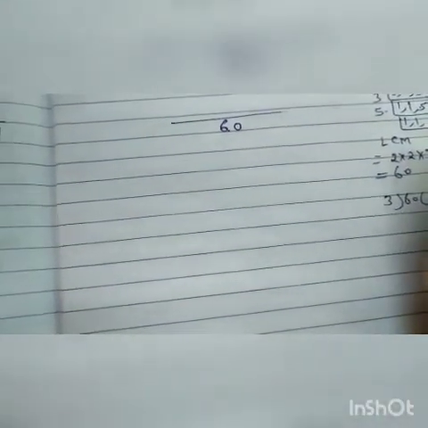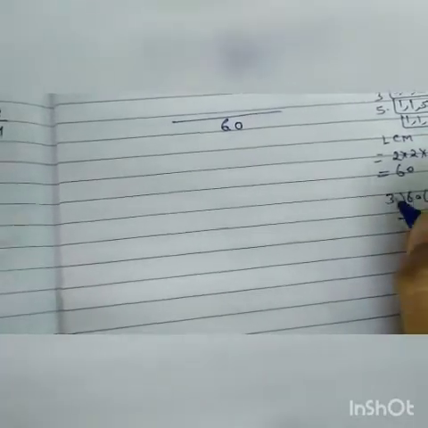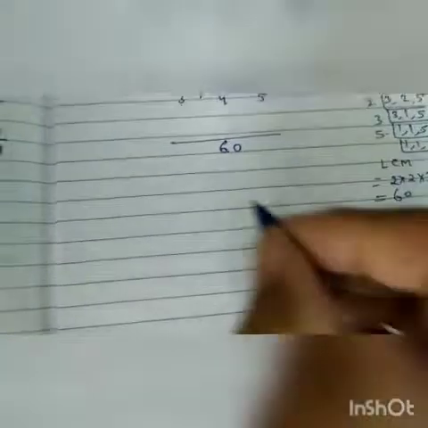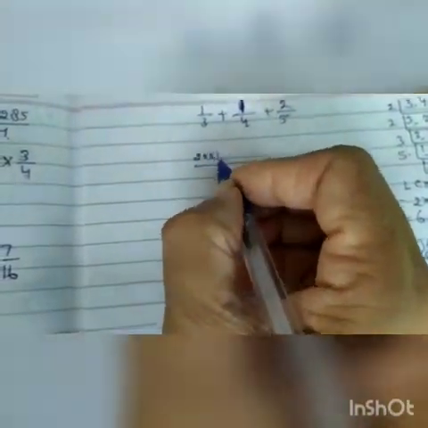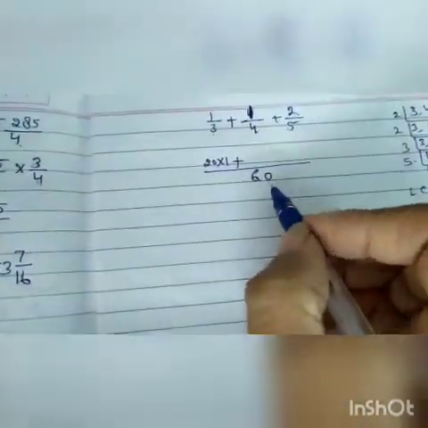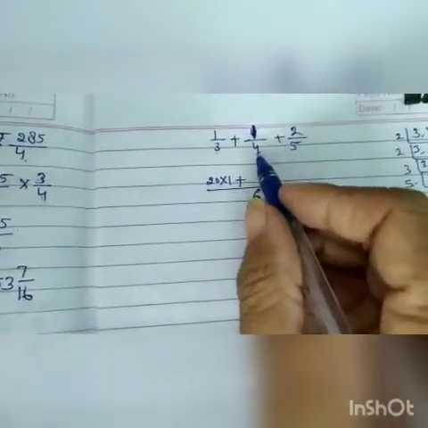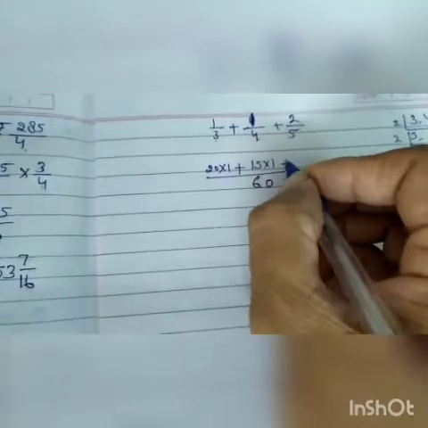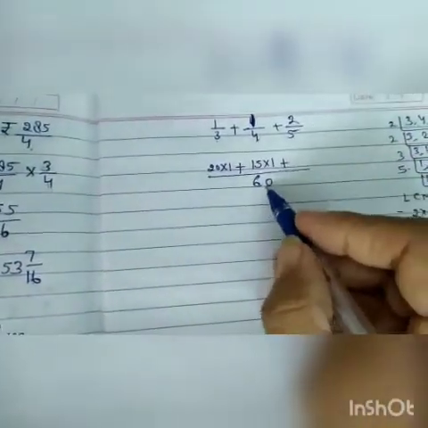Divide this 60 by 3 like this. We will get 3 twos are 6, 0, 3 zeros are 0. 20, it means 20 into 1 plus. Now in the same way we will divide this 60 by 4. We will get 15. So 15 multiply 1 plus we will divide 60 by 5.